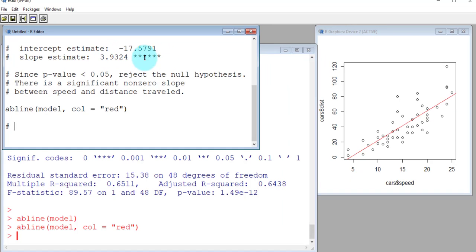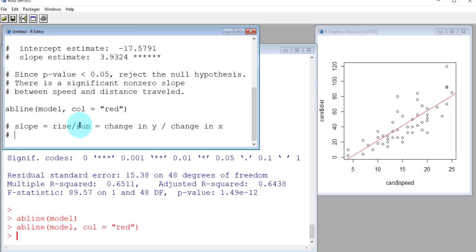So I would like to make one more comment before we terminate this video, and this is about slope and its interpretation. Remember, slope is rise over run, and this is the estimate of rise over run, which is the change in y over the change in x.